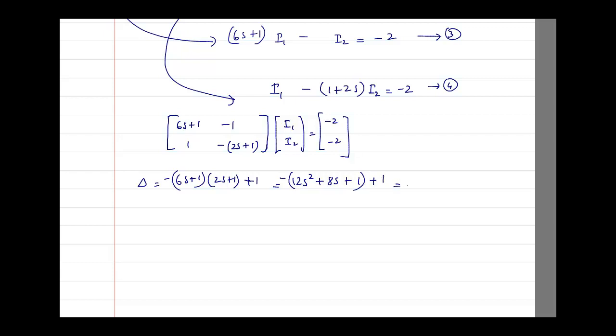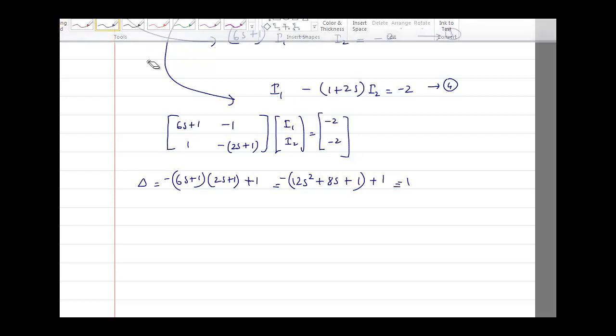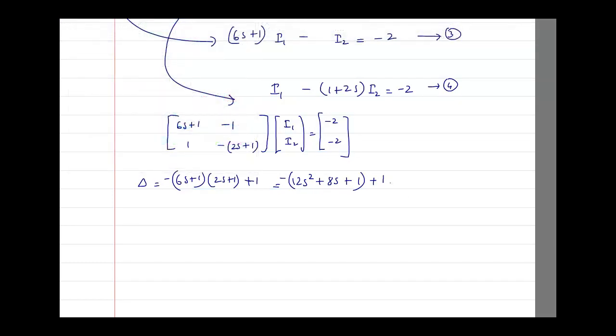So this is equal to minus of 12s square minus of 8s, and minus 1 and plus 1 will cancel off.